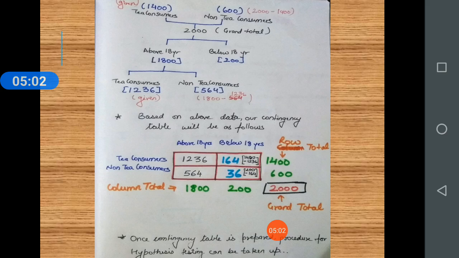With this, we have a contingency table prepared with the observed frequencies as 1236, 164, 564, and 36. And we have the row totals as 1400 and 600 and the column totals as 1800 and 200, with the grand total being 2000. Once the contingency table is prepared, we will proceed to our steps for hypothesis testing.